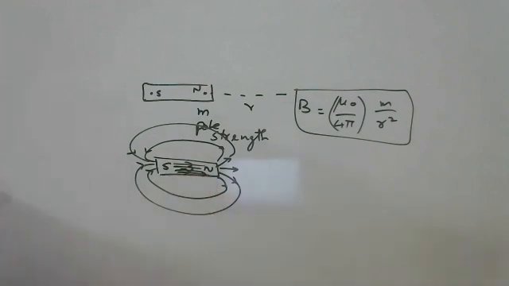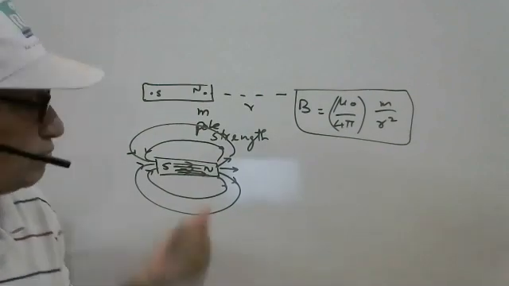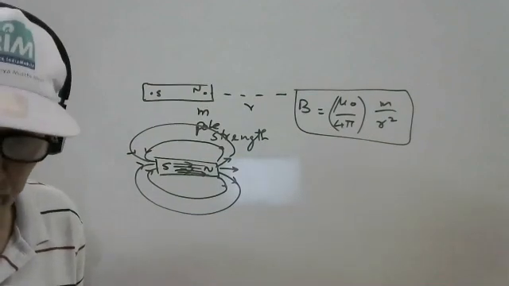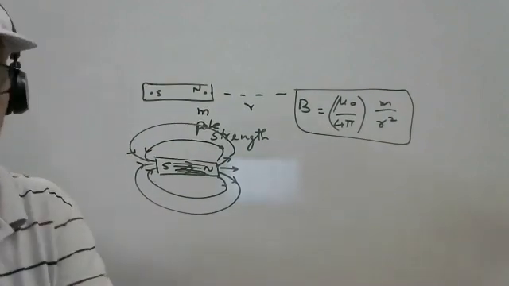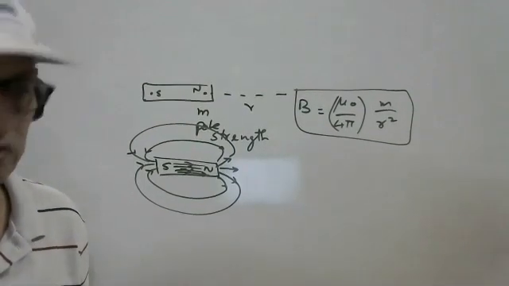That's why we can say electrical lines of force can't make closed loops, whereas magnetic field lines always make a closed loop. This is the difference between the electrical lines of force and the magnetic lines of force.